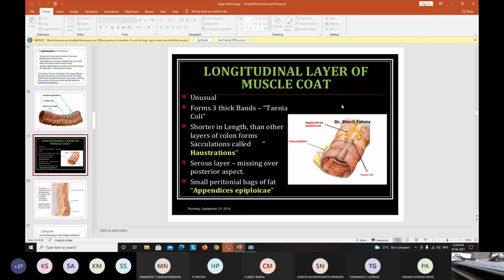Here also you can clearly find the pouches, yellow in color with fat, that is appendices epiploicae. The longitudinal muscle cord in the center is called Taenia coli. This series of dilatations of the large intestine is called sacculations.